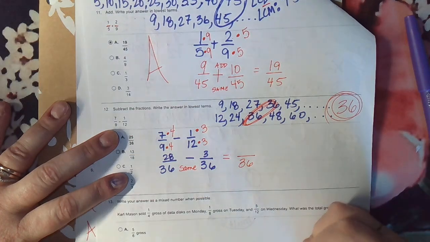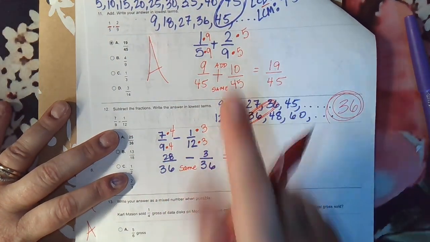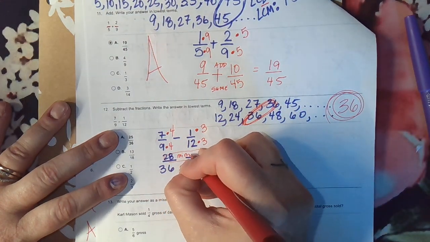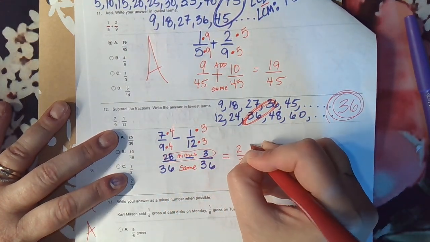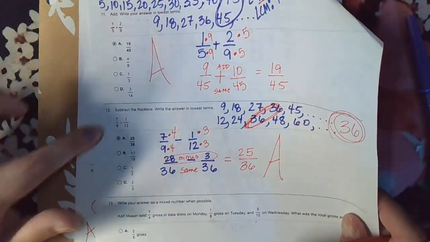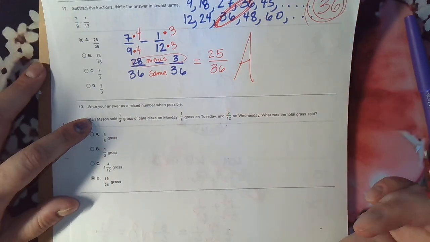So hello 36. And then for the top, this time we're not going to add like the last problem. We're just going to minus. And 28 minus 3 is 25. And then you cannot reduce that. So it's just A.